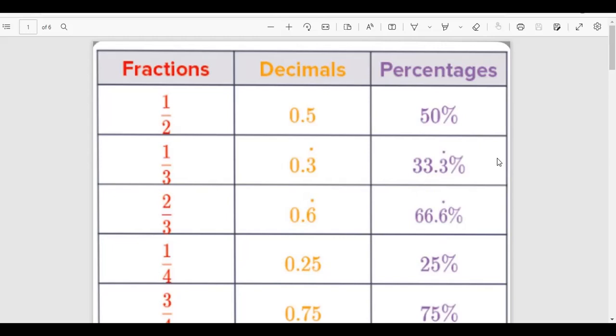But are these numbers different or are they mathematically same? Okay. Now in maths, we have several ways of representing numbers. You can represent a number in fractions, in decimals, in percentages. In the very first row, 1 by 2 is equal to 0.5 and that is equal to 50%.